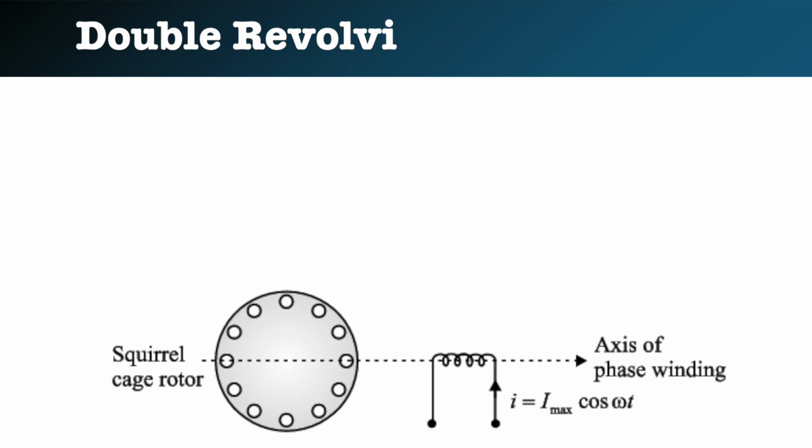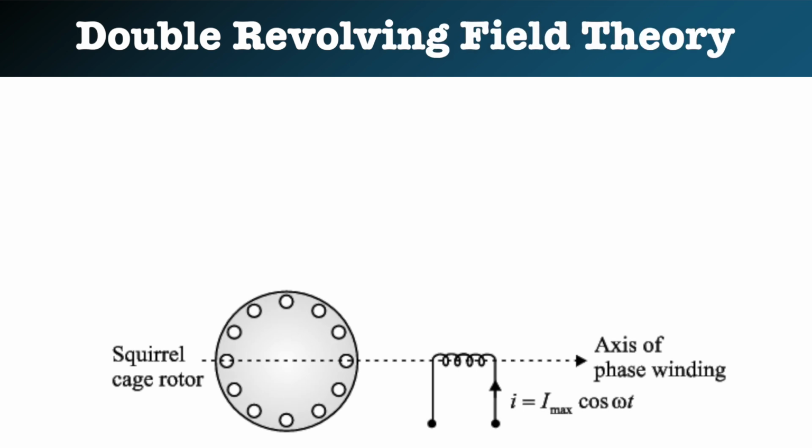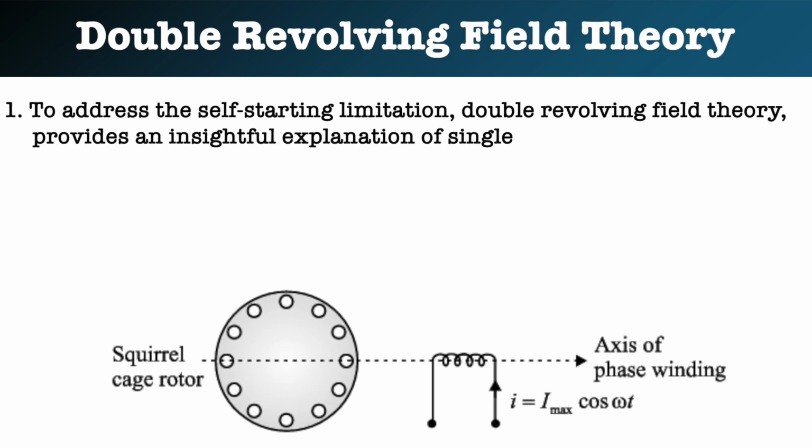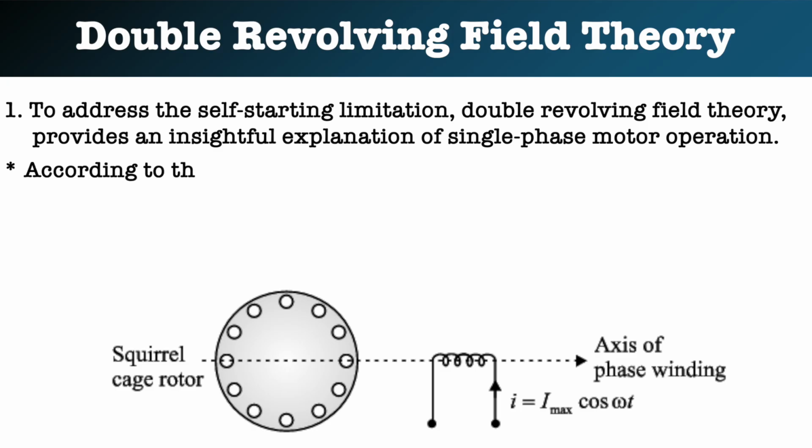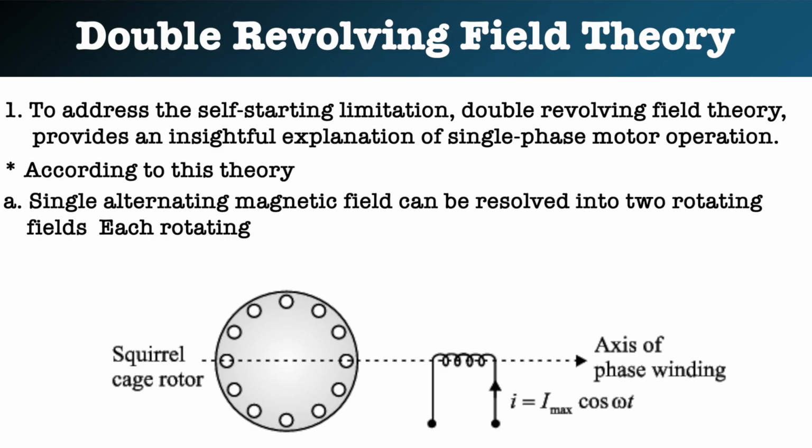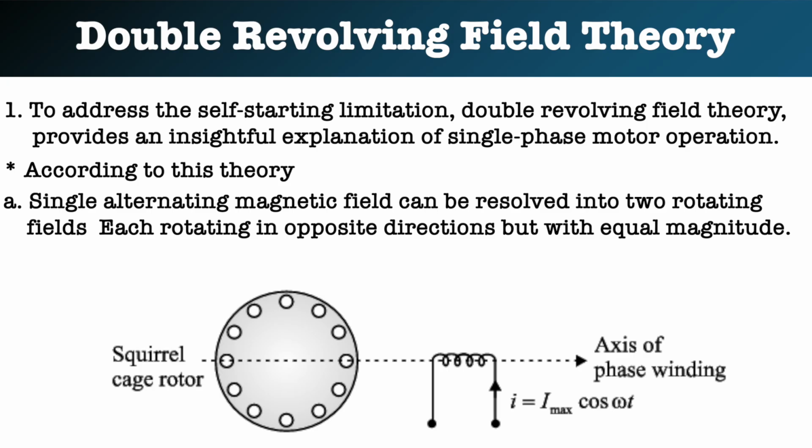So here comes into the picture the double revolving field theory. To address the self-starting limitation, we can turn to the double revolving field theory, which provides the explanation of single phase motor operation. According to this theory, a single alternating magnetic field can be resolved into two rotating fields, each rotating in opposite directions but with equal magnitude.